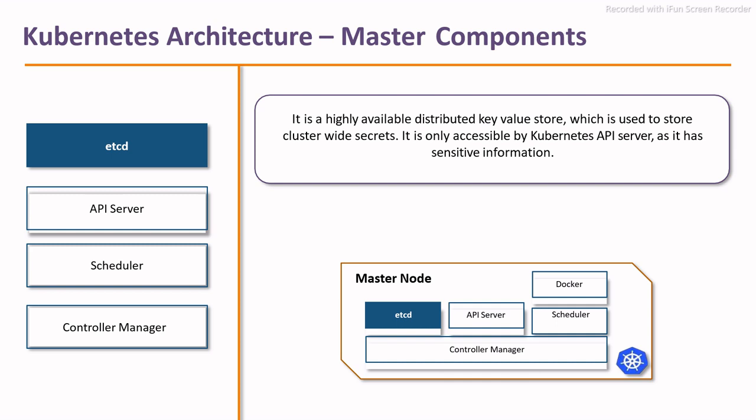Next is etcd. etcd is a key-value store that holds all the data related to the cluster. etcd is highly available and consistent, since all access to etcd is through the API server. Information in etcd is generally formatted in human-readable YAML form.